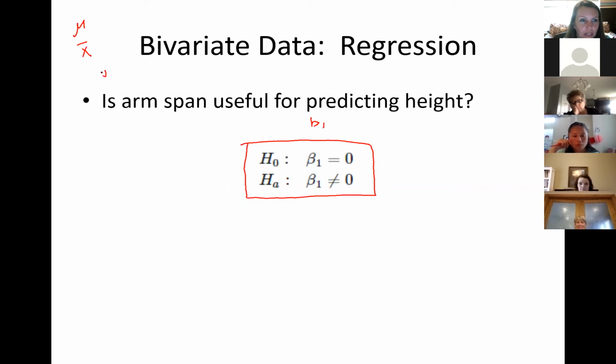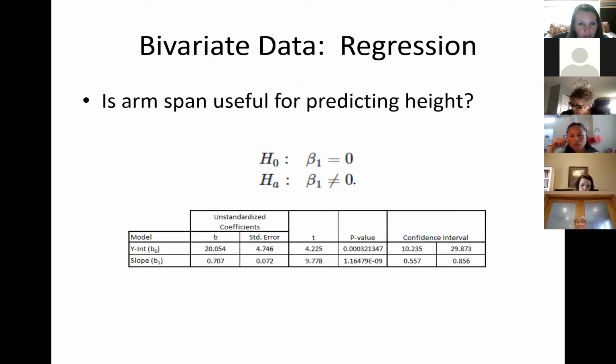When we want to predict sigma, we use s. When we want to predict p, we use p hat. And now we want to predict beta 1, so we use b1. So b1 is the statistic, and beta 1 is the parameter. The null hypothesis is beta 1 equals 0 versus the alternative hypothesis, beta 1 not equal to 0.